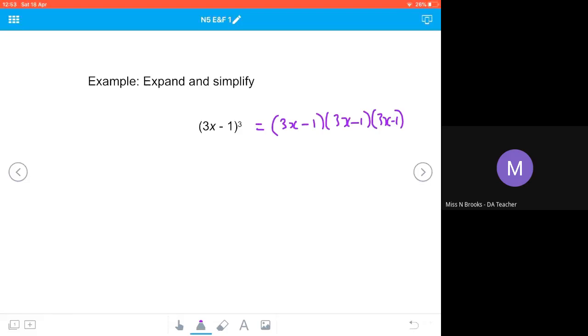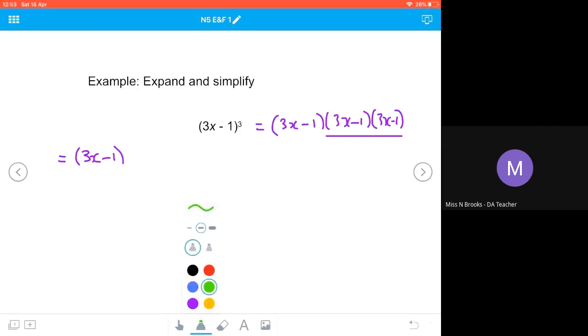Now obviously we can't do that in one step, so we're going to have to expand the first two brackets first, and then we're going to multiply it by the second bracket, or we're going to rewrite the first bracket and we're going to multiply the second two brackets together. So we're going to multiply these brackets together and we're going to use FOIL.